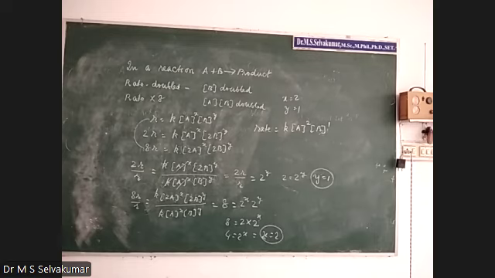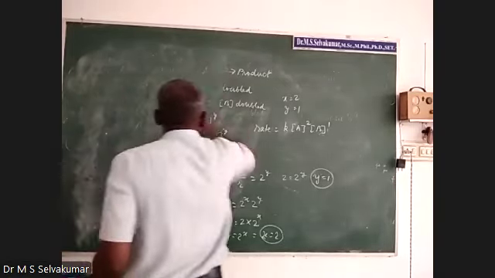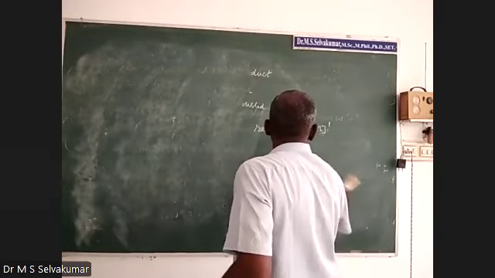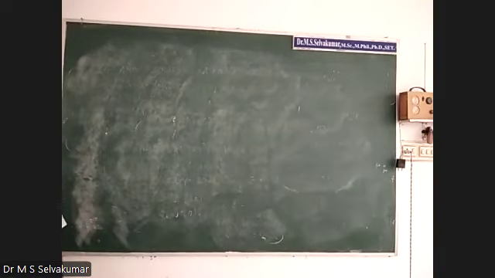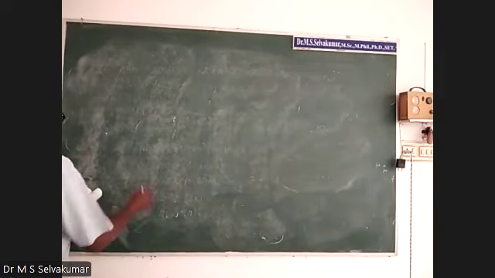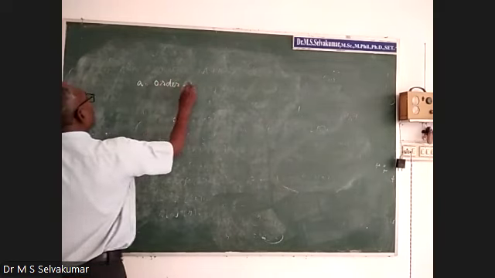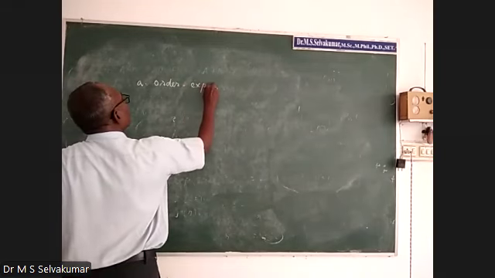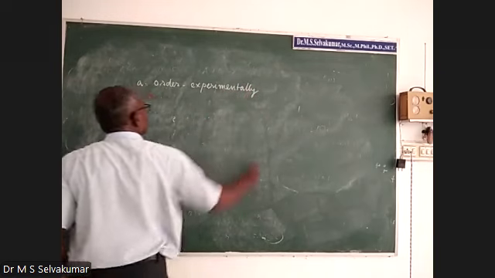Now we see a few statement problems. I give you 4 statements. Number 1, order can be determined only experimentally. You have to find out the wrong statement.